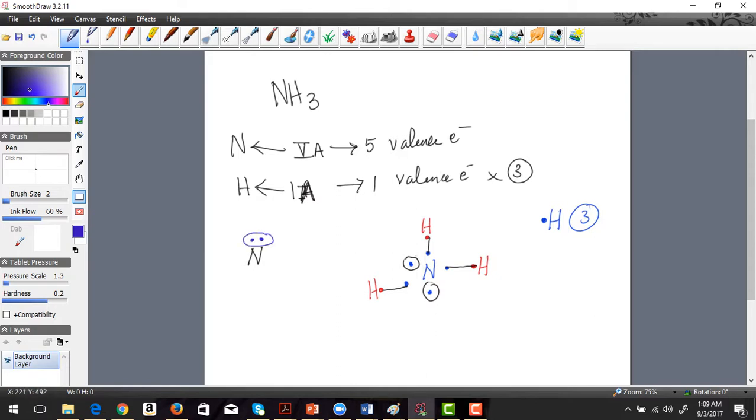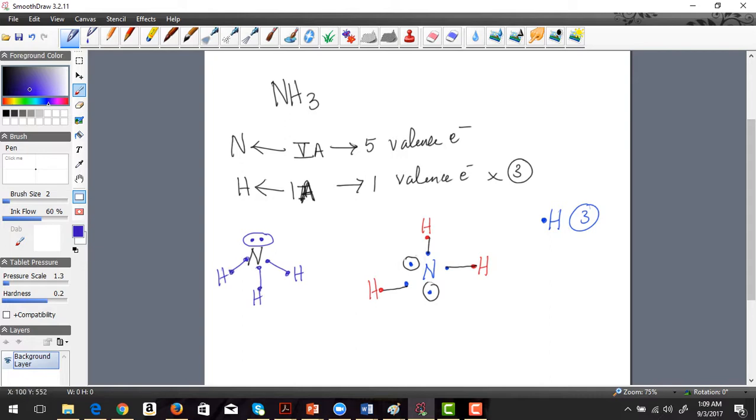I usually put lone pairs inside an oval. So the ones that are not involved in bonding, I collected and put in the same place, and then I put the 3 hydrogens. Very good. This is how you bond, so there's 2 electrons for each bond. But we're not done yet.